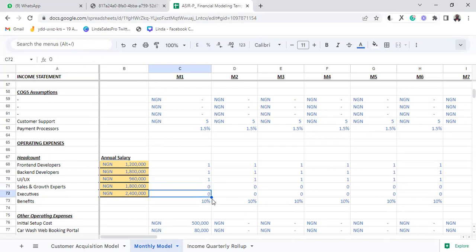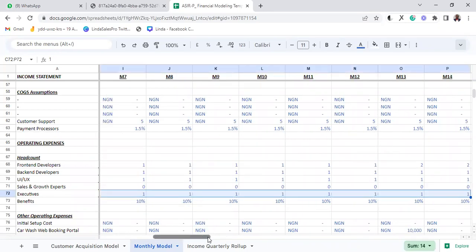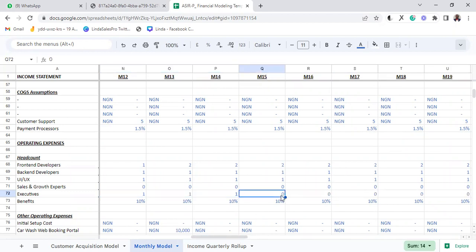Executive, let's say we only have one CEO. Okay, so we can factor the CEO here. And maybe in our first month, we only have one executive. Then from here, we have 2 executives. Maybe we now have a CFO that is coming on board.